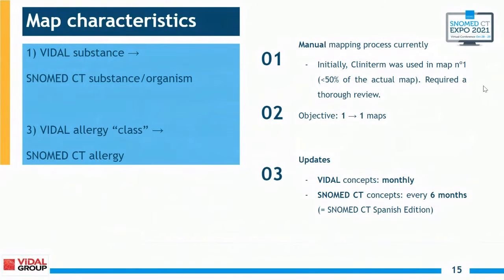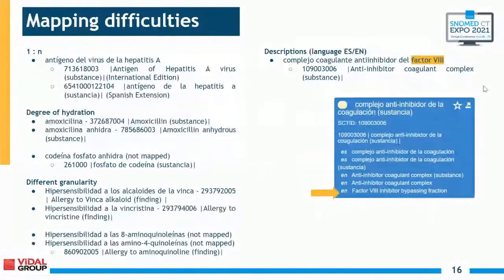Then we also had to face the lack of consistency in some cases with the different degrees of hydration, because for some particular cases, it was possible to make a specific or a precise mapping. But in other cases, such as the one that is shown here, the codeine phosphate anhydrous, it could not be mapped because there was no substance in SNOMED CT with this degree of hydration.